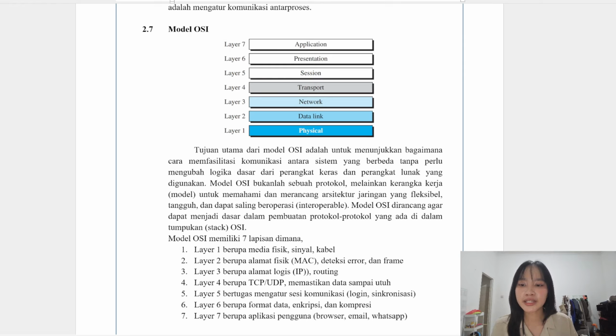The first layer consists of physical media, signals, and cables. The second layer consists of physical address, error detection, and frames. Third layer, logical address or IP. Layer 4 involves TCP or UDP. Layer 5 manages communication sessions. Layer 6 consists of data format. Layer 7 consists of user applications.